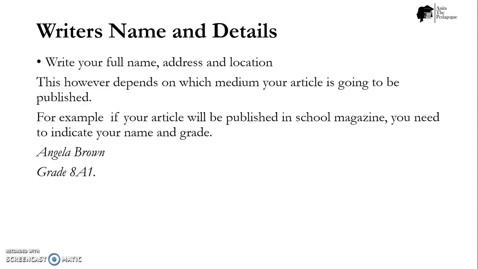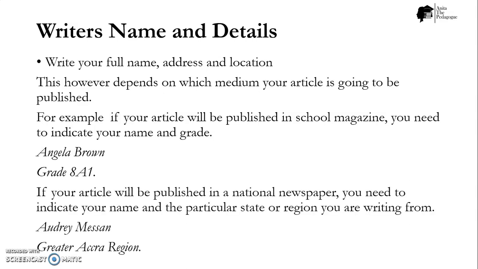For example, if your article will be published in a school magazine, you need to indicate your name and grade, because this article is going to be within a particular institution, and so to locate you they would only need your grade or class. Again, if your article will be published in a national newspaper, you need to indicate your name and the particular state or region you're writing from. For example, Audrey Mesan, Greater Accra Region.